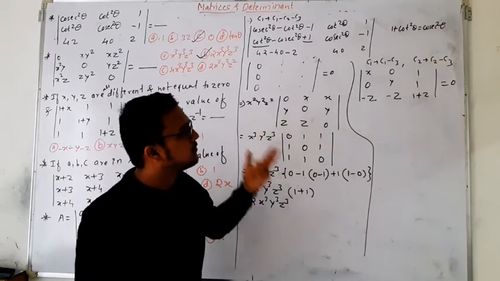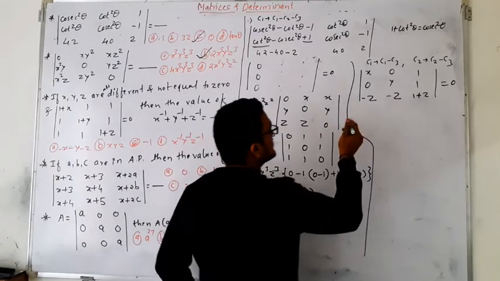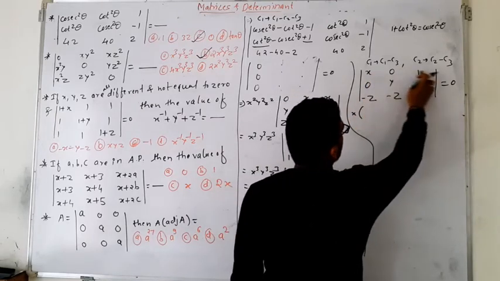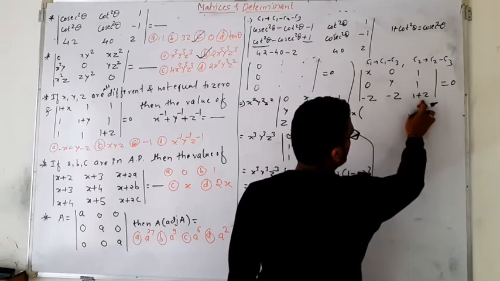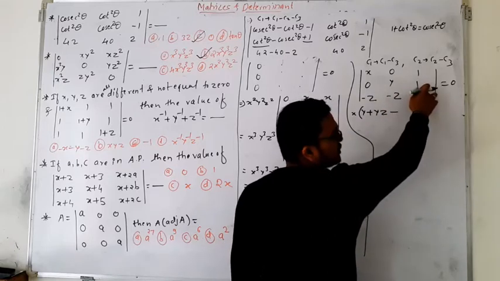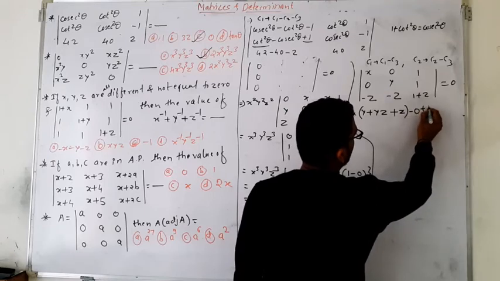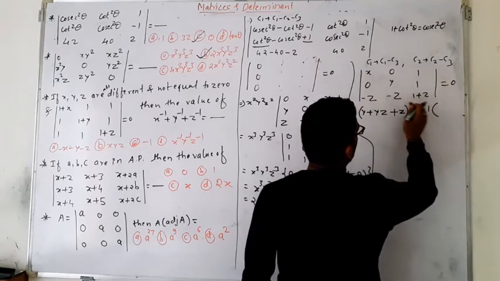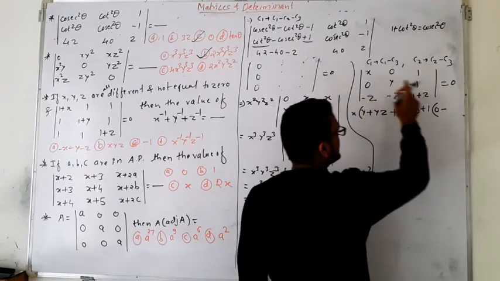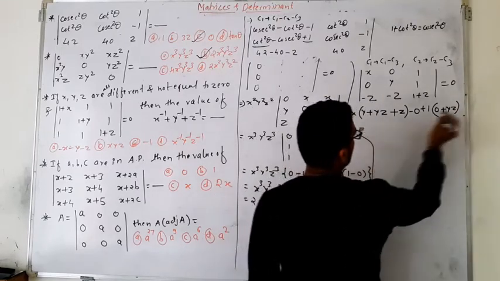Okay. Now if you observe in the determinant, two values are 0. You can expand the determinant with the first row or first column. I'll expand with the first row. So x into, leaving the first row, first column, y into 1 plus z, which is y plus yz, minus z into 1 is minus z, minus into minus plus z, minus 0 plus 1 into, leaving the first row, third column, minus z into 0 is 0, minus z into y, minus yz, but minus into minus is plus yz, which is equal to 0.